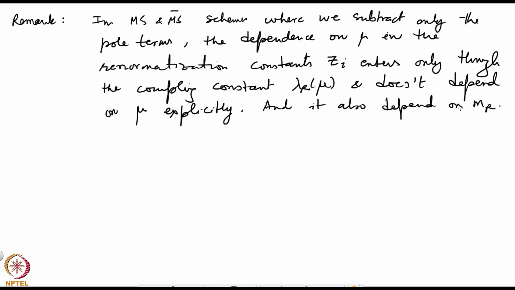And it also does not depend on mR. It cannot depend on mR because you see Z is 1 plus something. Now 1 is dimensionless, and if mu is not allowed, it cannot appear explicitly, then mR cannot also appear, because if mR appeared, then the term that you will be writing will be dimensionful. The only way mR could appear would have been if mu also appeared, because then you can make such ratios, mR over mu, which is dimensionless.